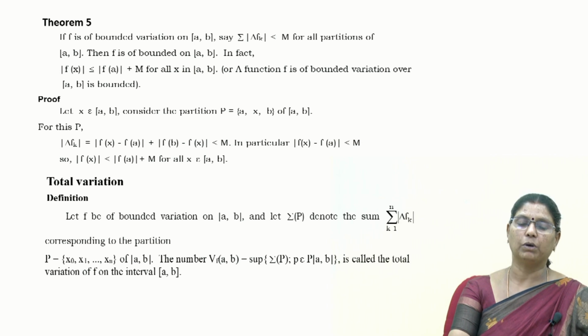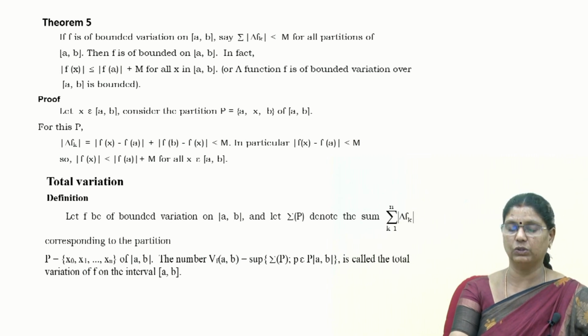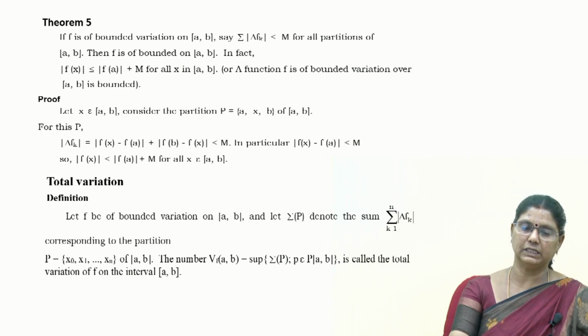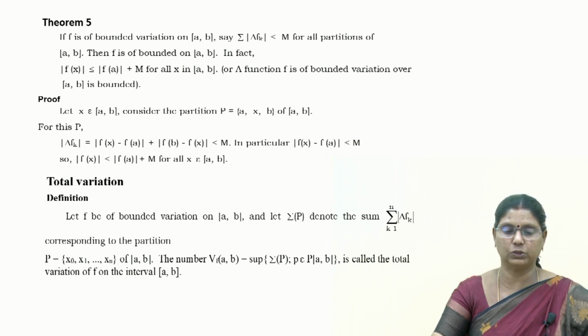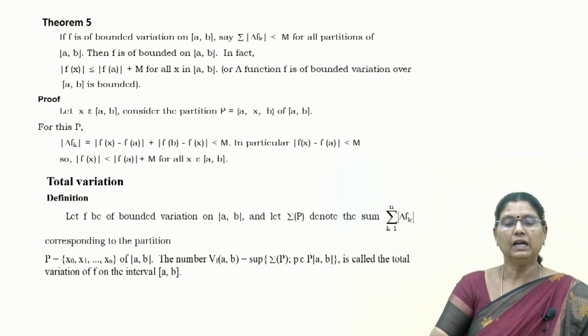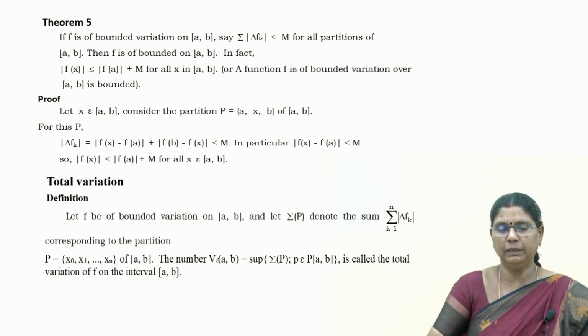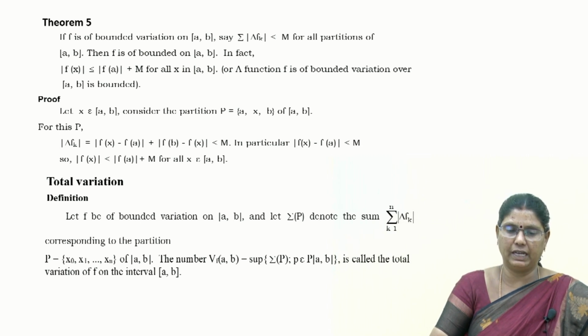In fact, |f(x)| is less than or equal to |f(a)| plus M for all x in the closed interval [a, b]. Or we can say that a function f of bounded variation over the closed interval [a, b] is also bounded. To prove this, let us consider x belonging to the closed interval [a, b] and consider the partition P which contains a, x and b of the closed interval [a, b].